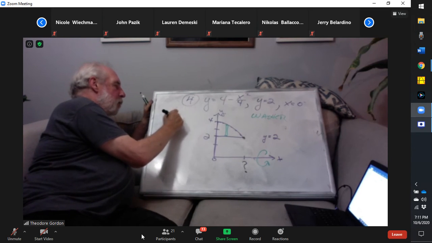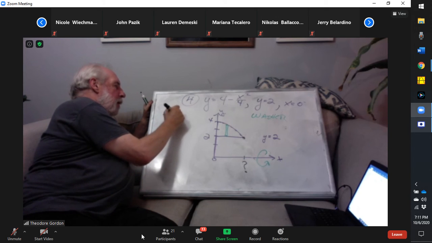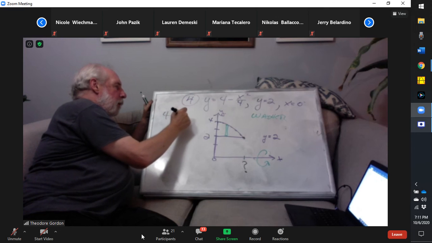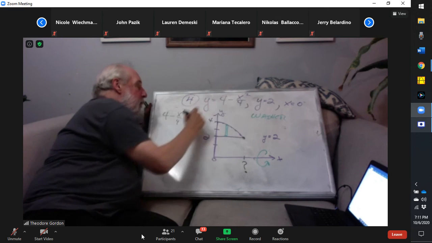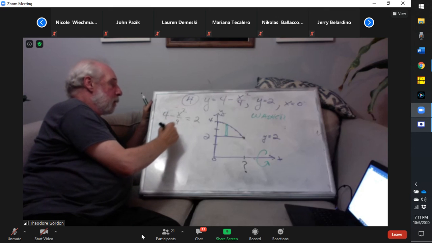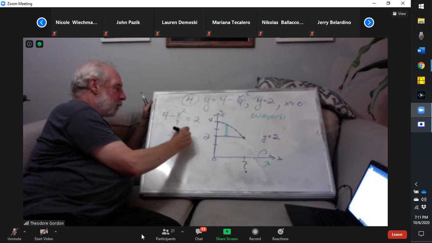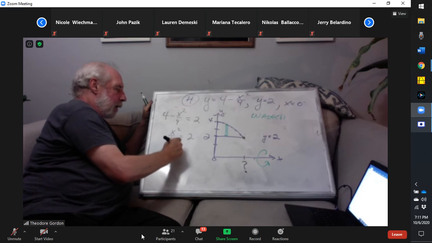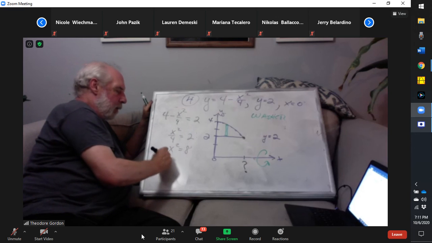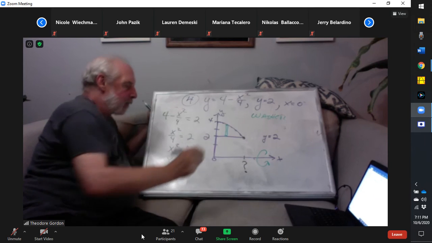So we do 4 minus x squared over 4 is equal to the other function, which is 2. So bring this over. This says x squared over 4 is equal to 2. So x squared is equal to 8. So x is equal to plus or minus the square root of 8.